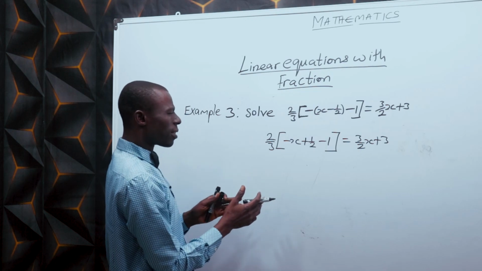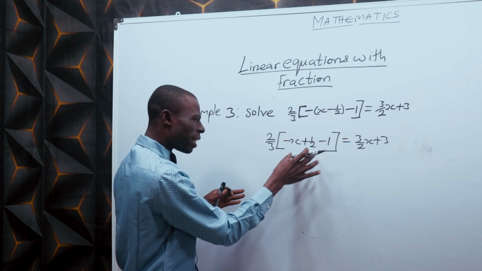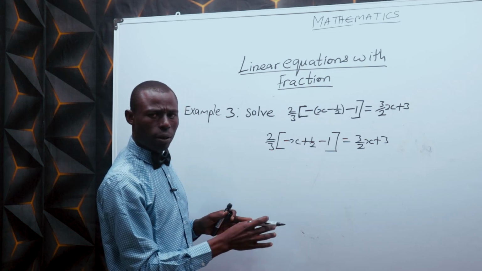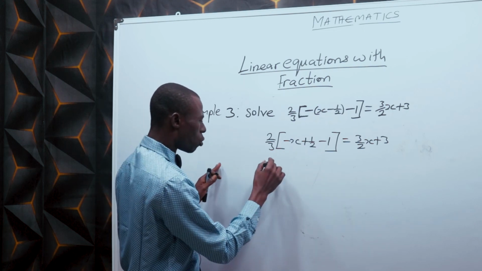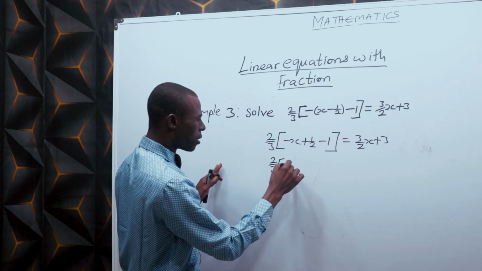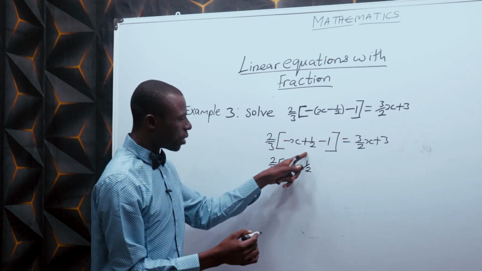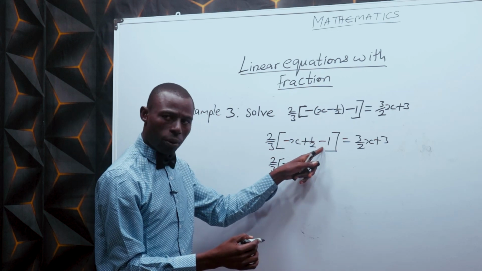So what is the next thing to do? Simplify the inner bracket of the larger bracket. So you have 2 over 3, negative x, negative half. How? Positive half, negative 1.